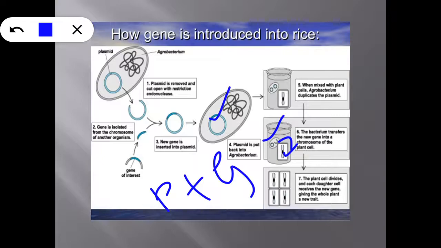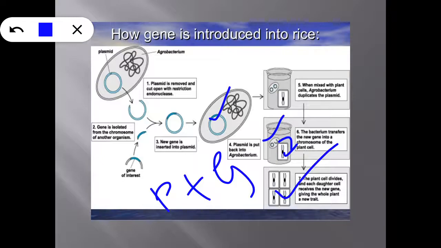During replication, the plasmid gets integrated into the genome of the plant. Thereby the chance is that our genes may get incorporated into the plant genome, and later the plant cell multiplies. Thereby you can find the multiplication of the gene also.